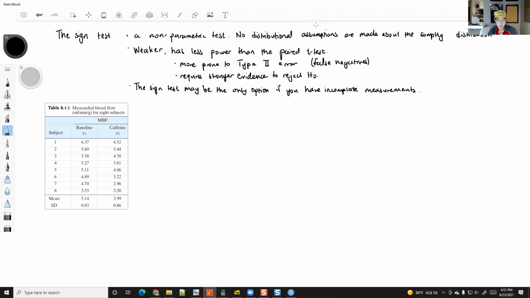So you just write down the sign of the change. You'll say positive if y1 is greater than y2, negative if y1 is less than y2.